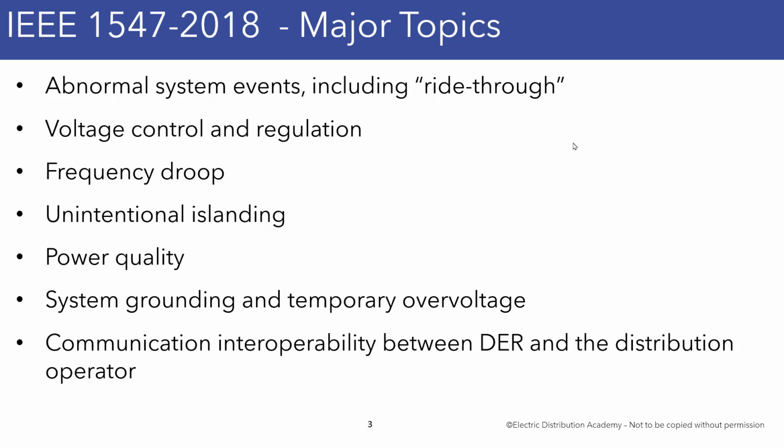System grounding and temporary overvoltage: DER must have the capability to provide support to the system and supply effective grounding so that overvoltages like ground fault overvoltages and load rejection overvoltages are not contributed to by DER, except within permissible limits as specified in the standard.